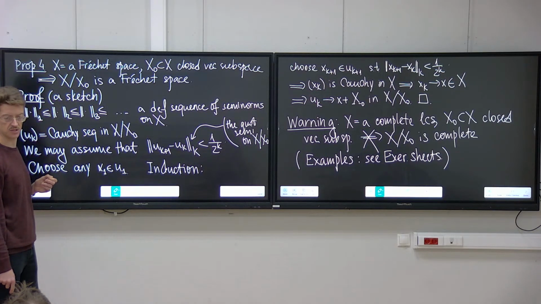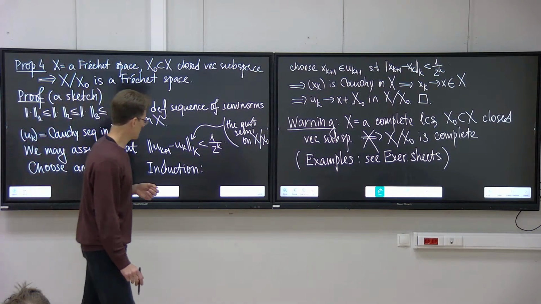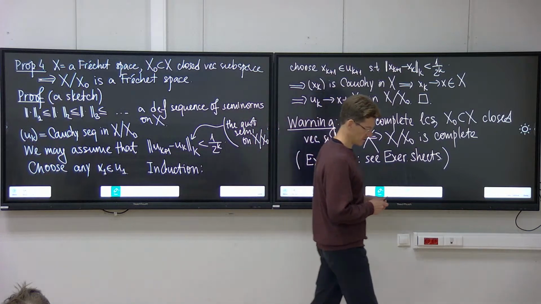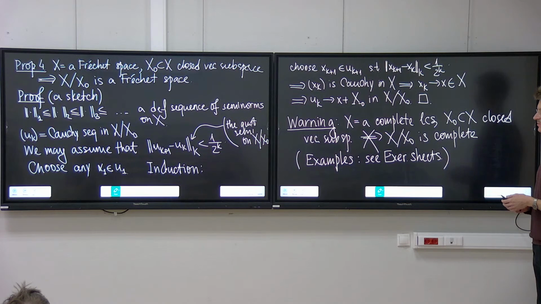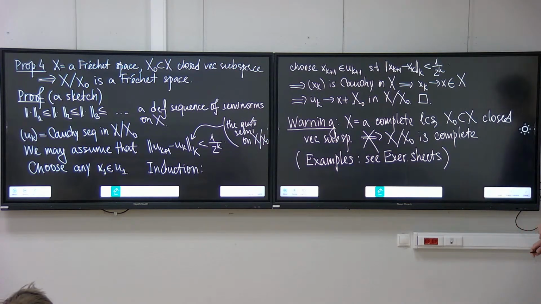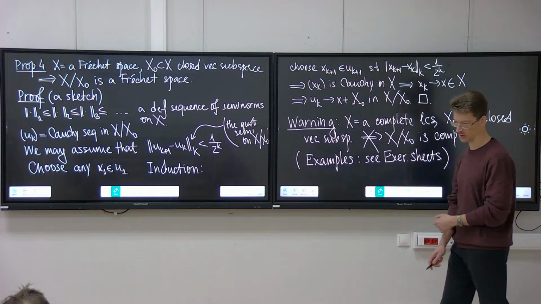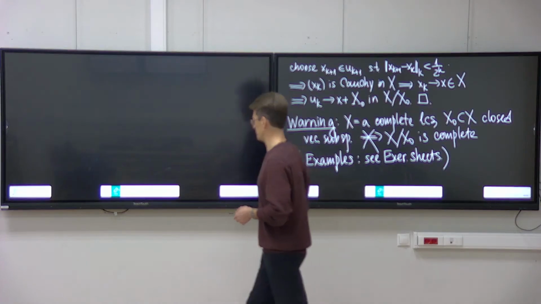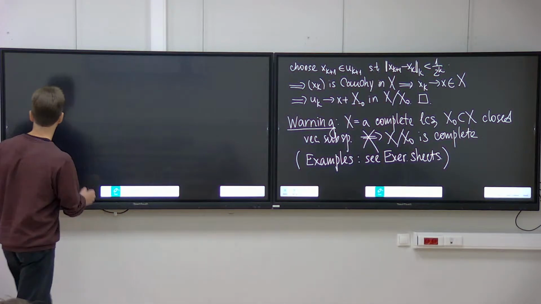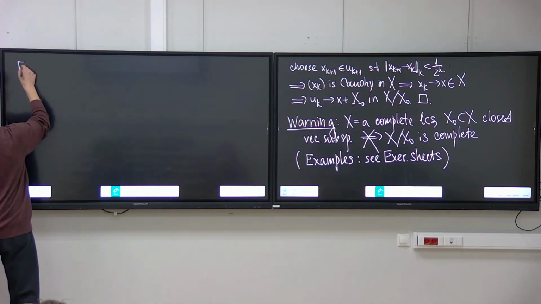Okay, how about inductive limits? Well, we already know that inductive limits, in general, are badly behaved. At the previous lecture, we constructed an inductive limit of a sequence of Banach spaces which is not Hausdorff, and so it cannot be complete. But on the other hand, we have the following fact.